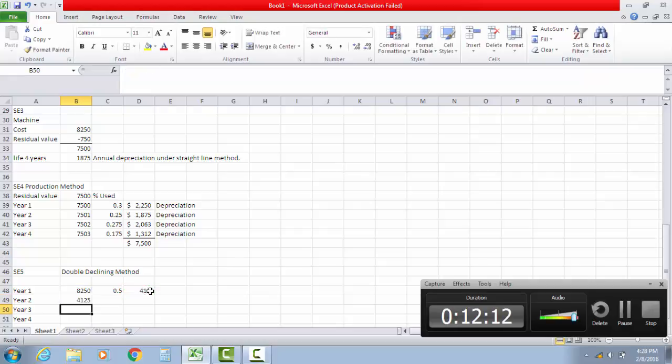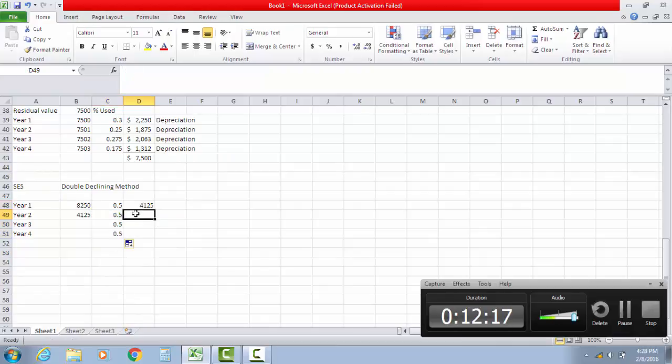So the second year you would start at a value of 4125 and such. So let's continue on until you're fully depreciated. So year 4, what would happen is year 3, you basically come down and say, okay, how have I depreciated? I've depreciated a total of $7,218.75. My residual value is the $7,500.